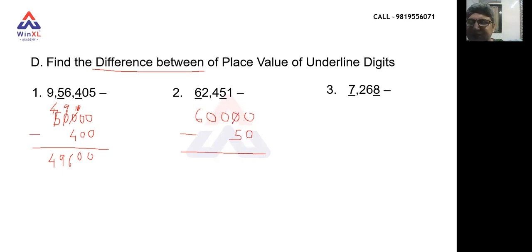So here we cut this, write 10. Here write 9. Here write 9. And here we write 5. And 5, 9, 9, 1, 0. It is our answer.